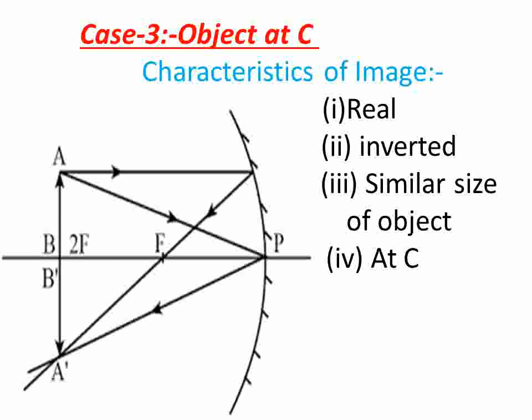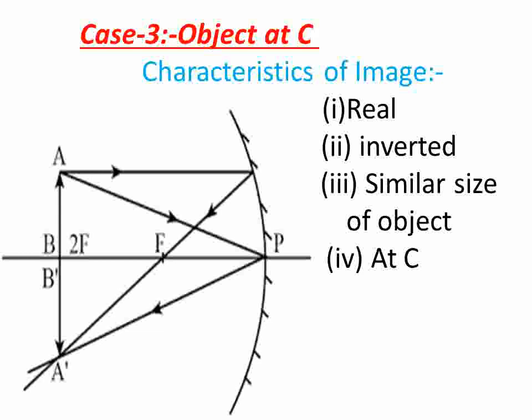Case 3: object at center of curvature C. Again, two rays are shown from point A. The parallel ray starting from the object head, after reflection on the mirror, passes through focus F and passes to point A'.